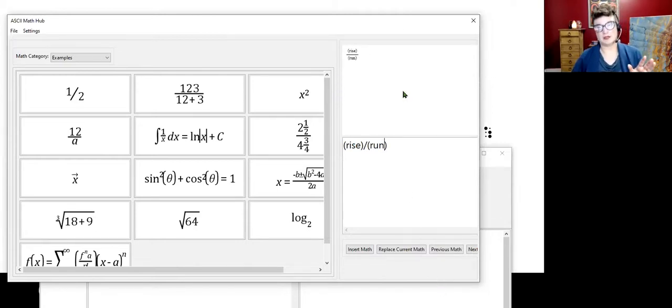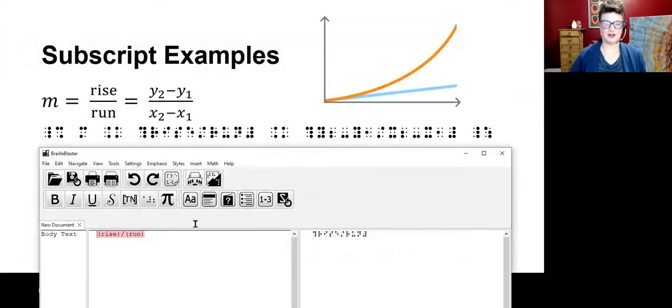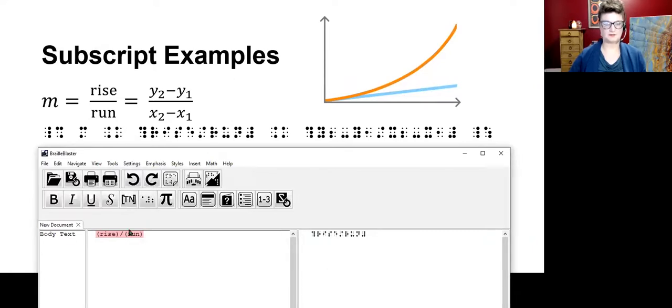And maybe you can see, depending upon your eyesight and your display, in the upper window, there's a visual representation of what the math would look like in print. Insert math, close the ASCII Math Hub. I've got in a red highlight in my Braille Blaster the math that I just entered via the ASCII Math Hub.